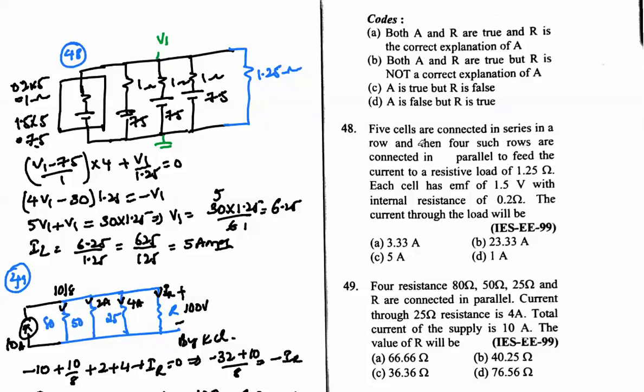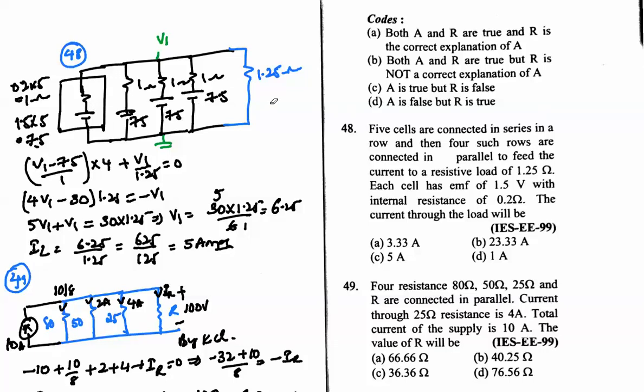So 1.5 into 5 will get 7.5, and 5 resistances in series is equivalent to 1 ohm. Such 4 rows are connected in parallel here, 1 2 3 4.